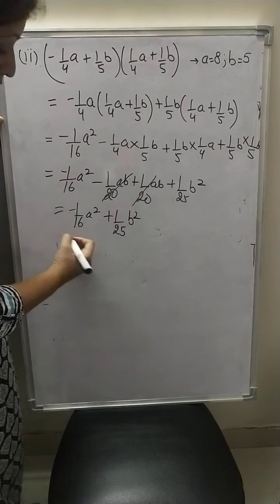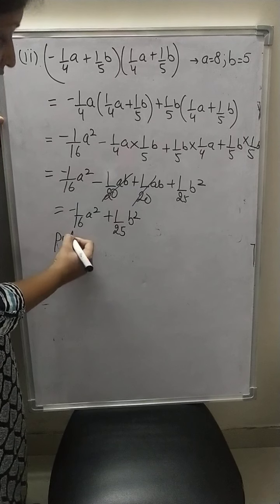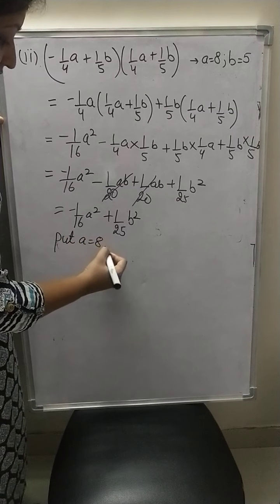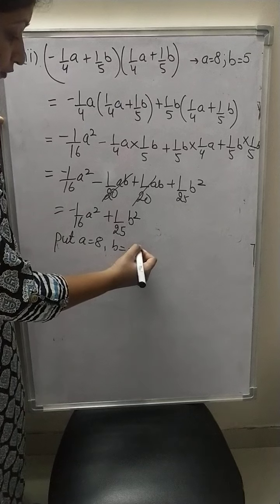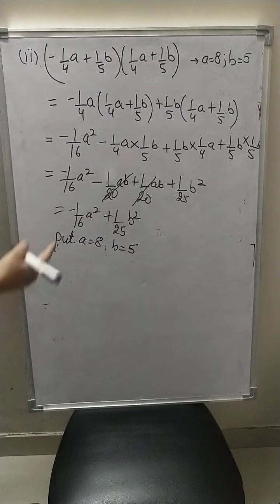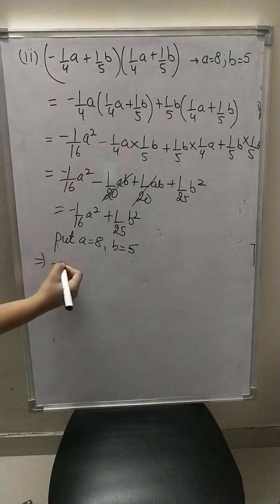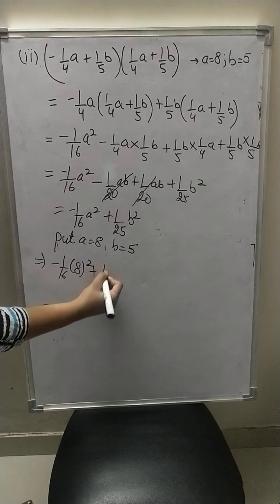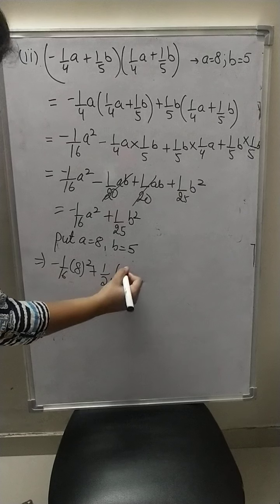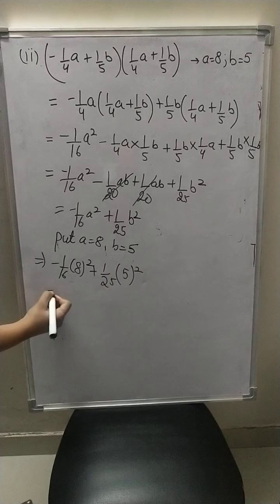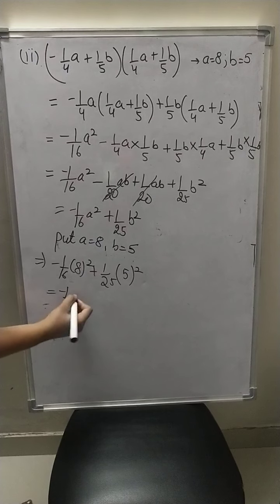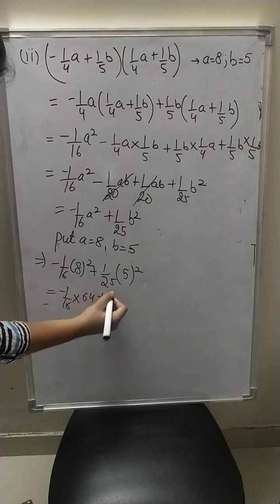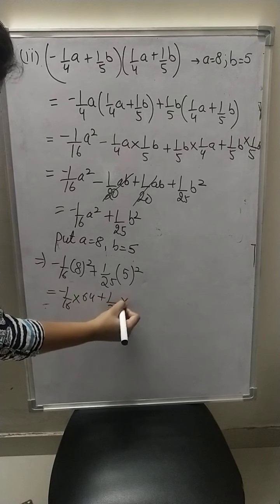So I'll get minus 1 upon 16 a square plus 1 upon 25 b square. Now students, I am going to put the value of a as 8 and the value of b as 5 in the RHS only. So what am I going to get? Minus 1 upon 16 into 8 square plus 1 upon 25 into 5 square. So that is minus 1 upon 16 into 64 plus 1 upon 25 into 25.